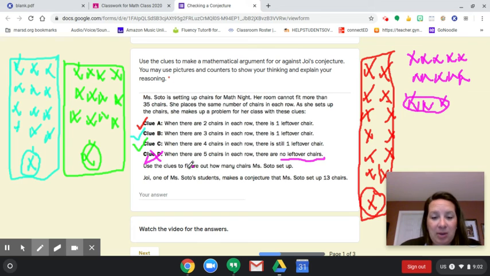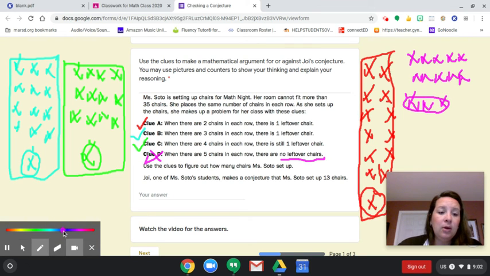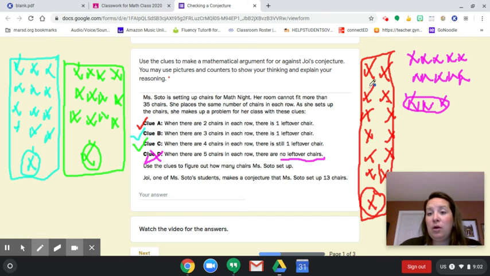Now, some of you smarty pantses might have figured out that we are working with multiples of a number, right? So when we were working with the twos, this was 2, 4, 6, 8, 10, 12, and then because it was 13, there was one left over, right?